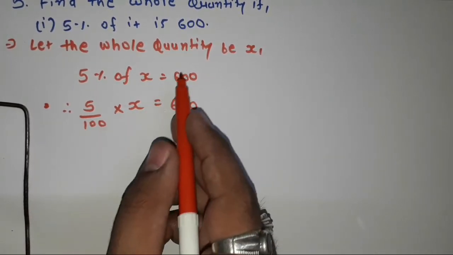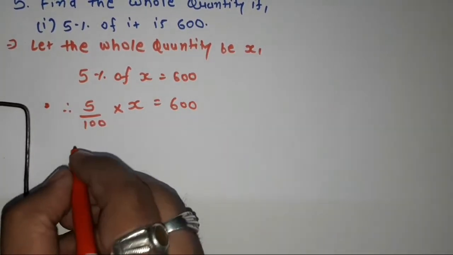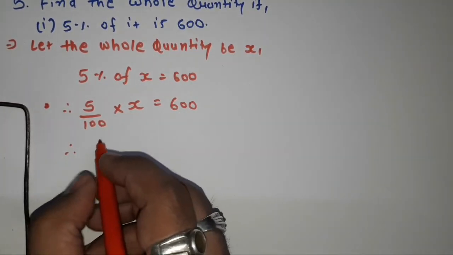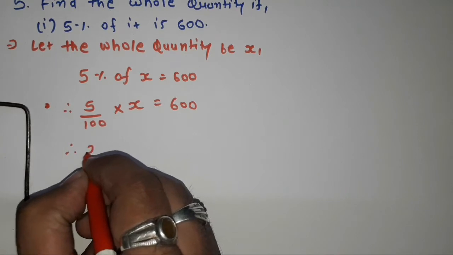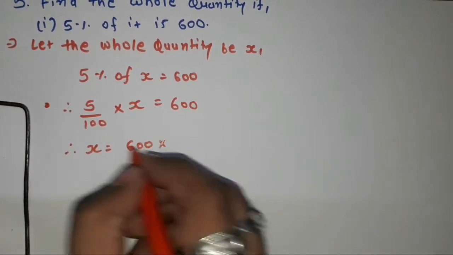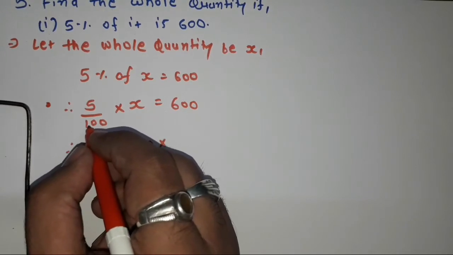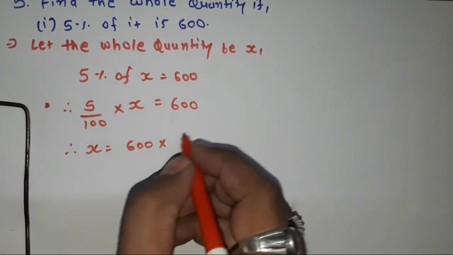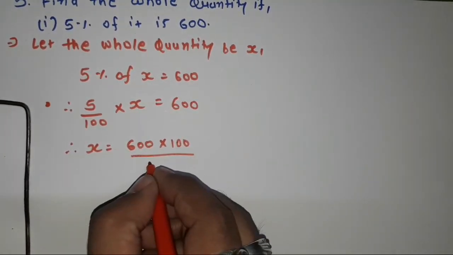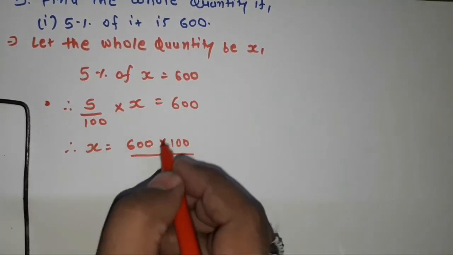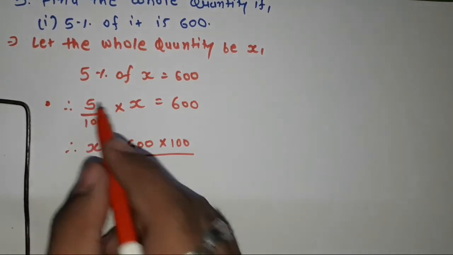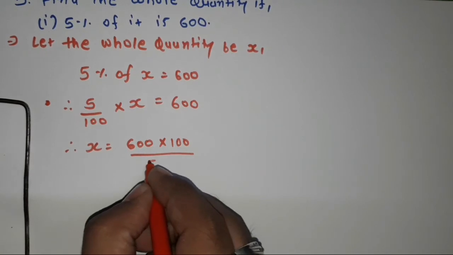And what is x? The quantity which we have to find. So now we have to find the value of x. x is equal to 600, and when I change the side of this 100, from division it comes into multiplication: multiplied by 100 upon 5. Whenever a term is in multiplication and I change its side, it comes into division.